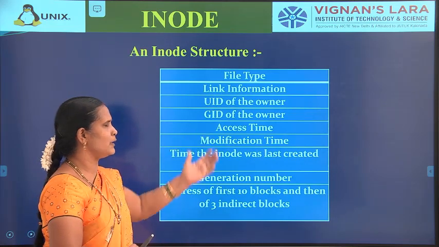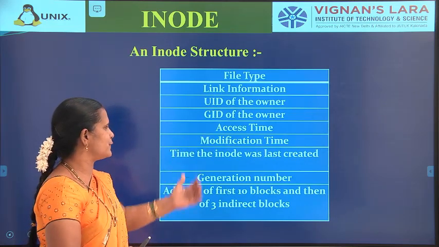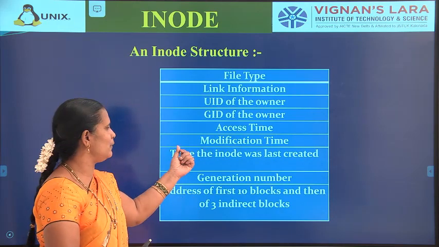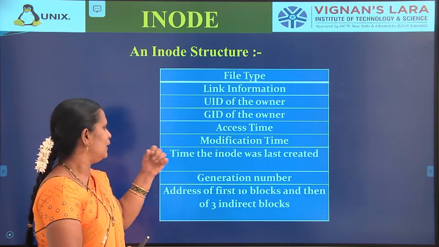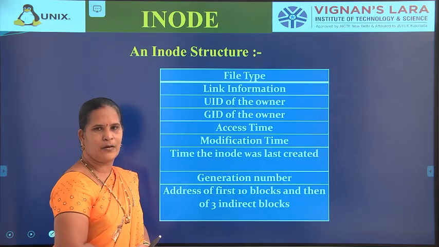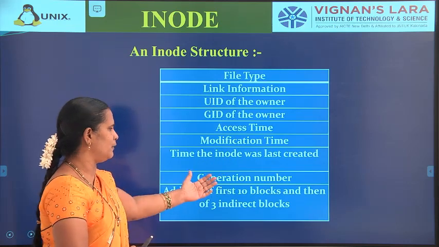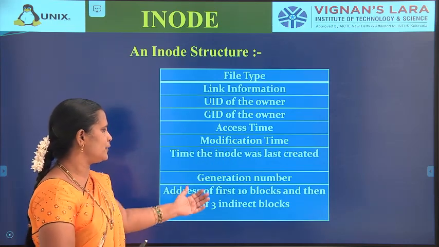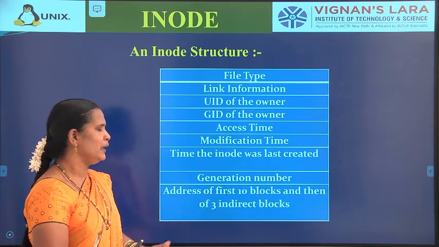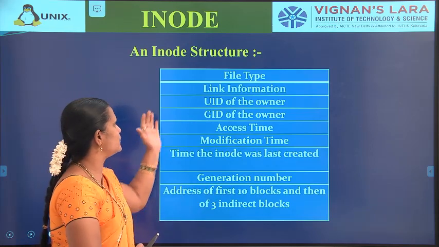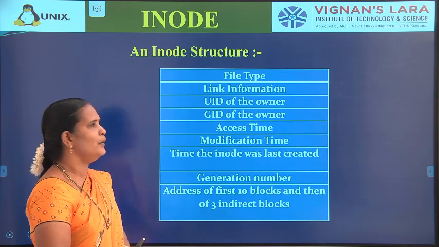Next, the group identification of the owner, and the access time: file access time, file modification time, and the time the inode was last changed. Then the generation of an inode number, and the addresses of the first 10 blocks and of 3 indirect blocks. This is the entire structure of an inode.